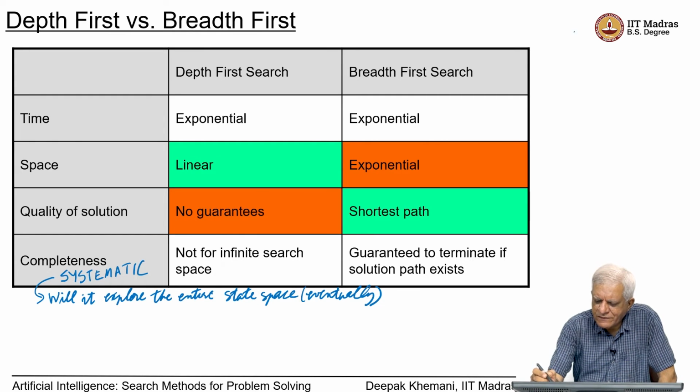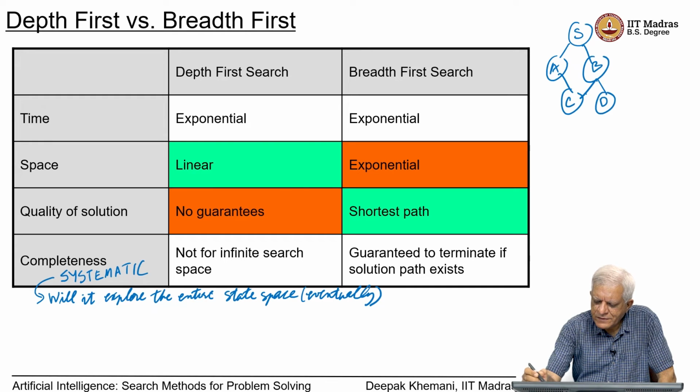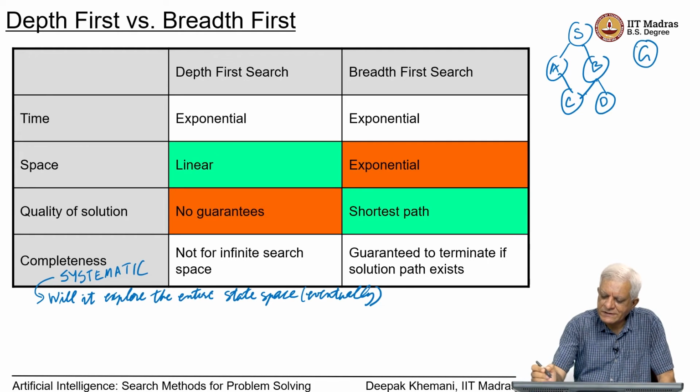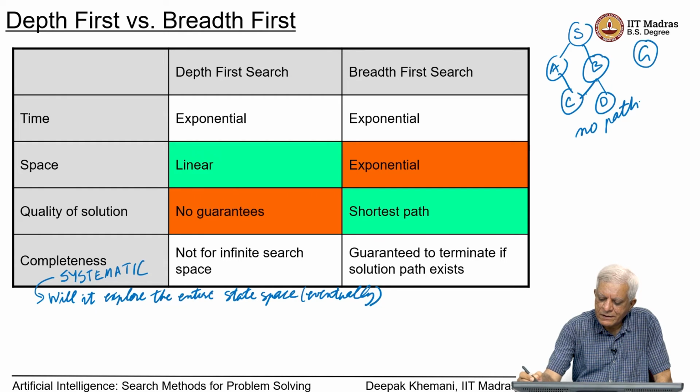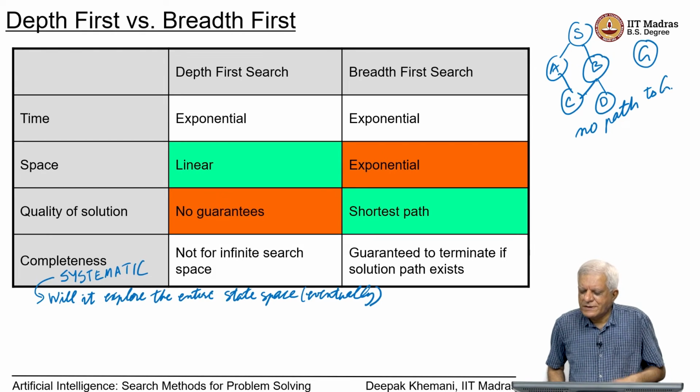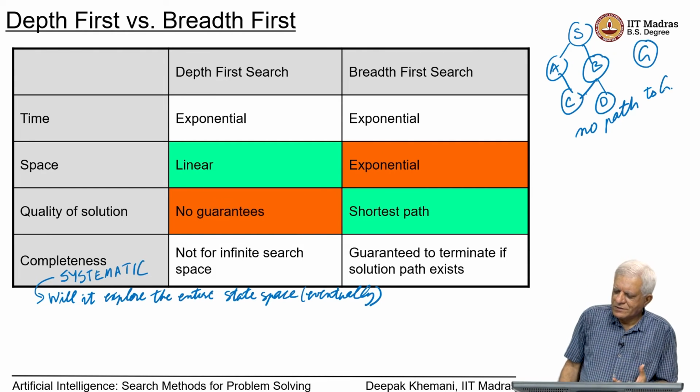Now, if I give you a graph which is something like this, S, A, just a trivial graph, C, D, and let us say there is a goal node which is not connected to any of these nodes essentially. So, this is a situation of no path to the goal node. Obviously, whatever you do, you can't find a path to the goal node because there is no path to the goal node.